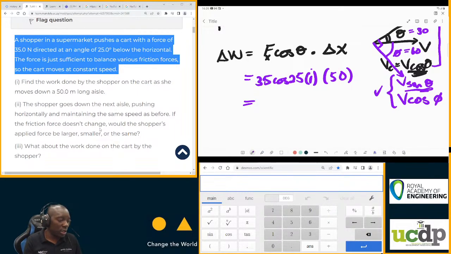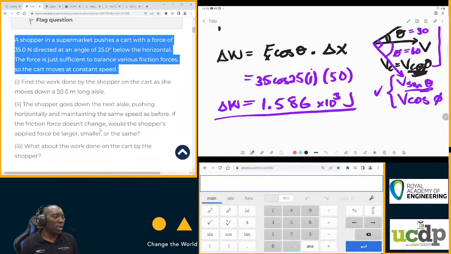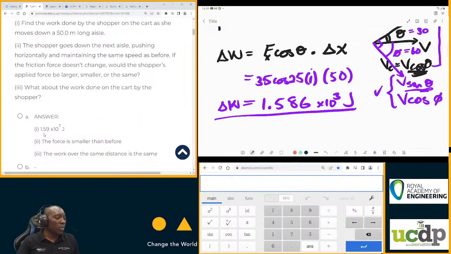Let's see what that 35 cos 25 multiplied by 50 is. 1.586 times 10 to the 3 joules. So that's the work done, which is 1.6 times 10 to the 3 joules.